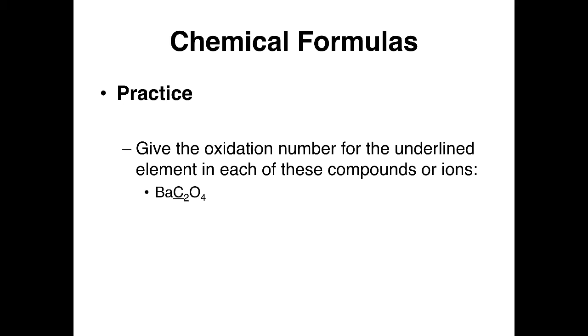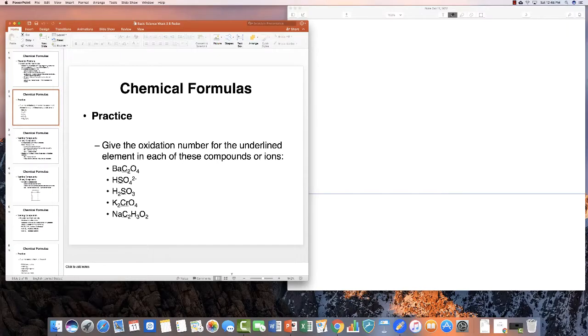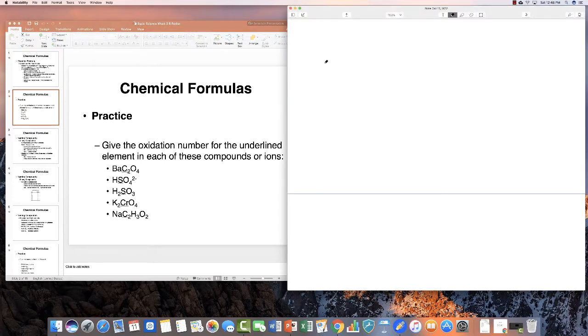Let's take a look at this. If barium is +2 and oxygen is -2, we have +2 plus 4 times -2 plus 2 times x has to equal 0.